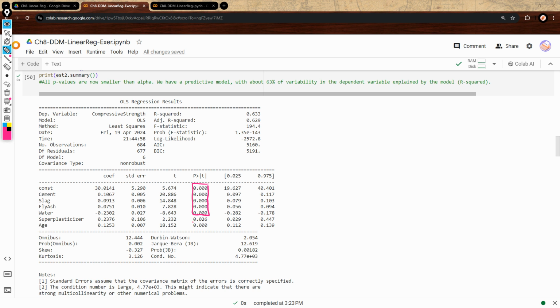Oh, by the way, sorry, we should not include the constant. To be precise, look at these 0.000 values, and this one. They are all really small. So in this case, you need to find the t value that is really far away from the center.